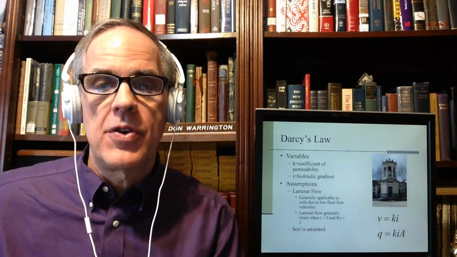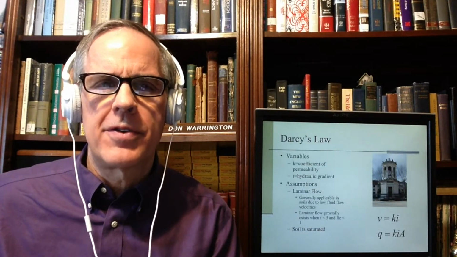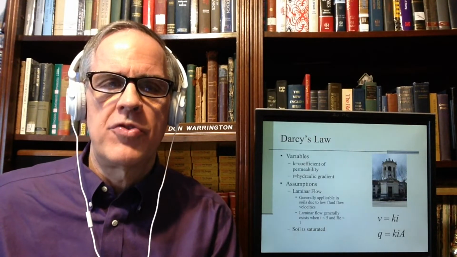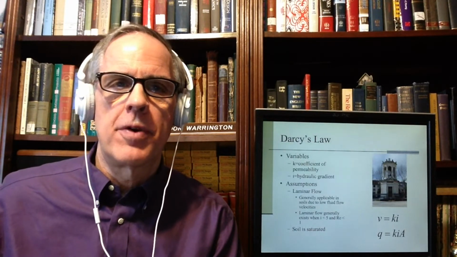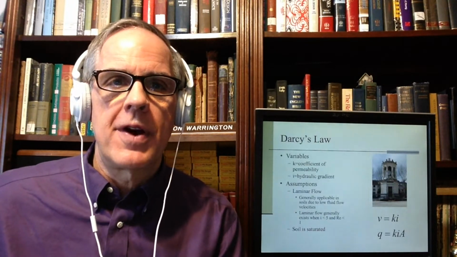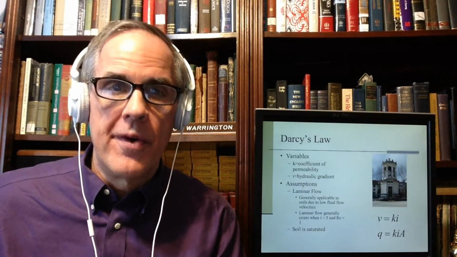There are some assumptions. The biggest is that the soil is saturated. The other one is that you have laminar flow. If you've got turbulent flow in soils, you've got problems, which go past the issue of permeability. Generally speaking, laminar flow exists if you can keep your hydraulic gradient below 5 and your Reynolds number below 1, which, as you know from fluid mechanics, is low.